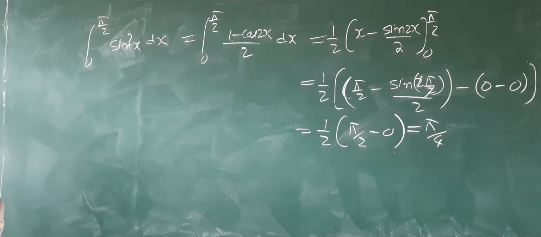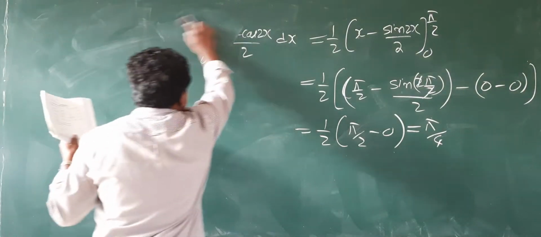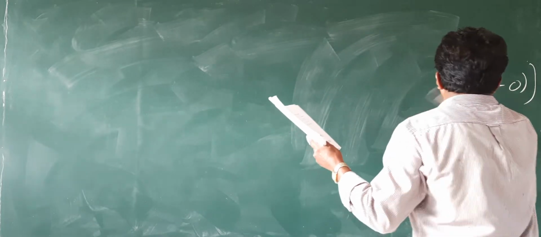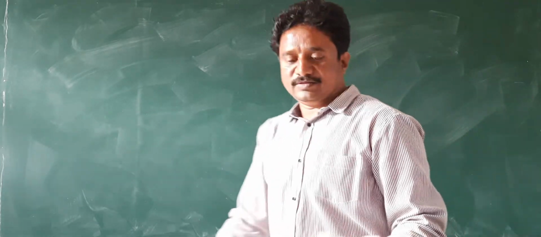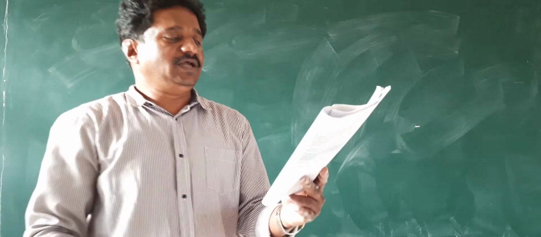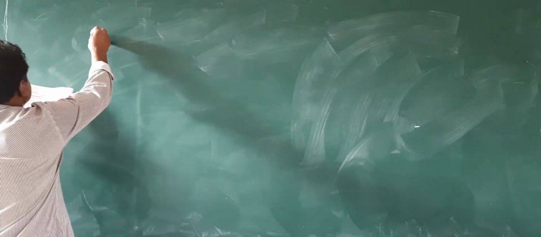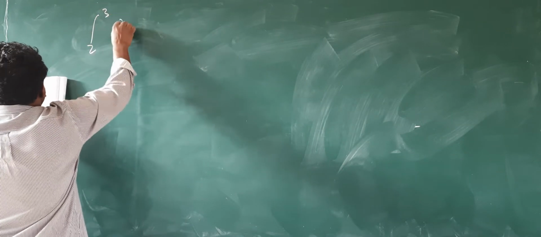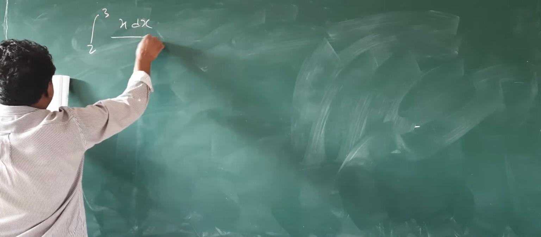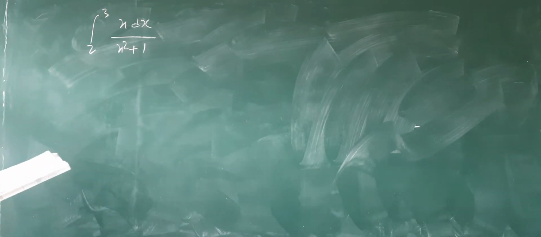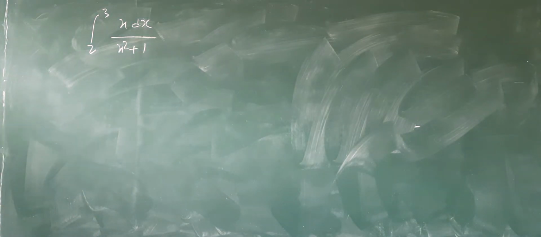Right. Let us go for the next question. Let us go for one more question. The next question is the integral from 2 to 3 of x dx by x square plus 1.